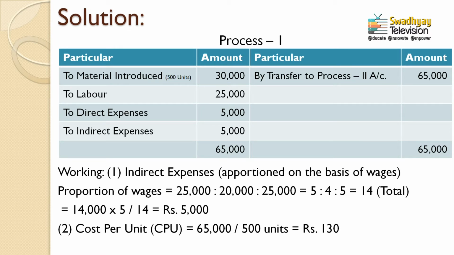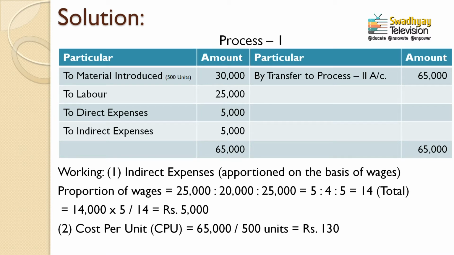Now we need to calculate the second answer, and that is CPU. See working number 2. Cost per unit is your second answer. Cost per unit is equal to the total cost incurred in the respective process divided by the number of units manufactured in that process. So 65,000 is the total cost of the process, divided by 500 units, which comes to 130 rupees.